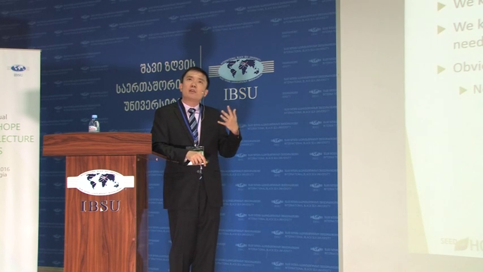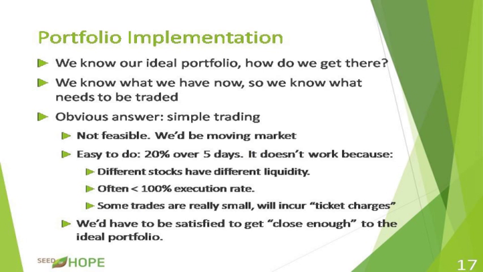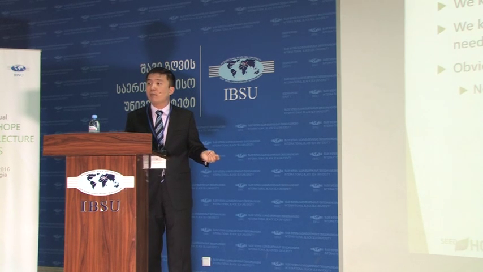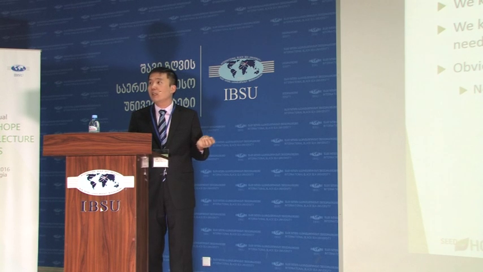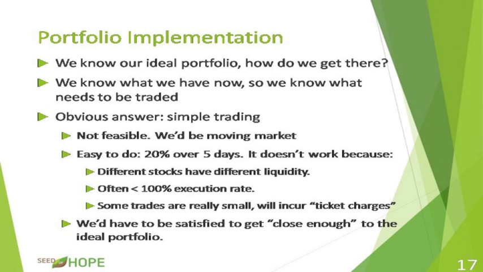Now, if the IBM price increases as we're buying it, maybe IBM is now too expensive. The return is not as high as how we calculated it. It's no longer as attractive. Maybe it shouldn't be in our ideal portfolio to begin with. And likewise, if we're selling too much, the price will go down, and maybe that stock should have been more attractive and shouldn't have been sold to begin with. So we don't want to move the market if we can afford not to.